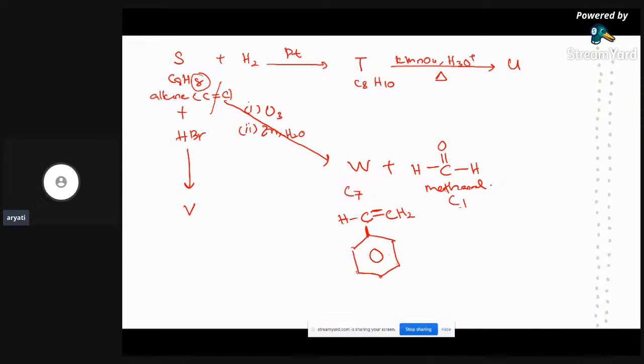Okay, tapi sebab kita tahu ozonolysis of alkene dia mesti akan menghasilkan aldehyde ataupun keton. So kalau C7 maksudnya dia lebih satu karbon.